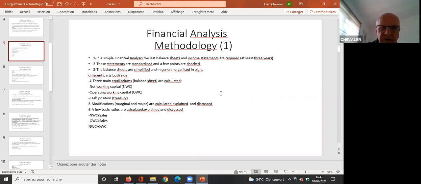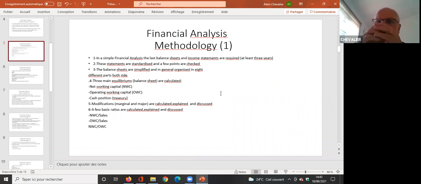The second point is that these statements, it means, let's say, the 3 balance sheets and the 3 income statements, they are standardized, and a few points are checked on the quality of the accounting system behind, and of course, the information brought by these balance sheet and income statements.